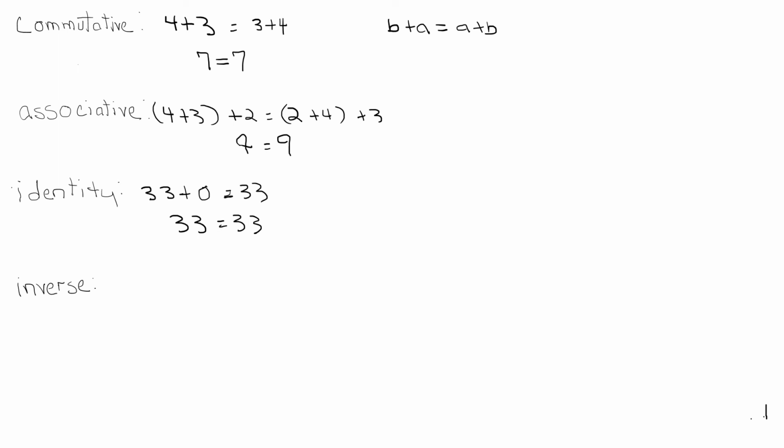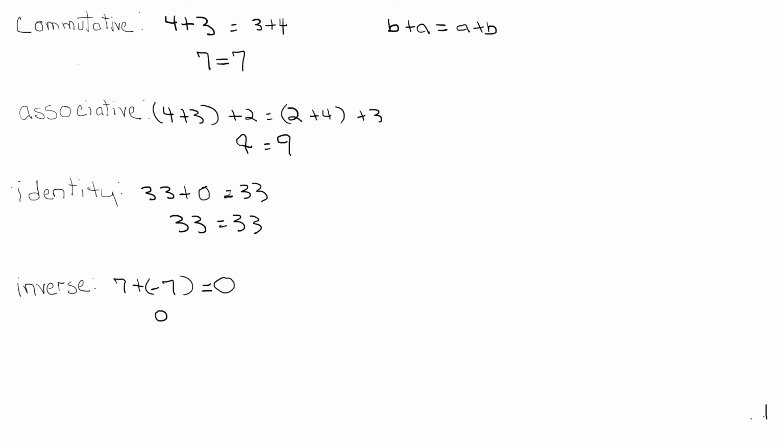And what that says is that for any real number A, there is a unique real number, negative A, such that if we add them, we obtain the identity element. So for example, if I have a number like this here, 7 plus a negative 7, what do you think I'm going to get with that?